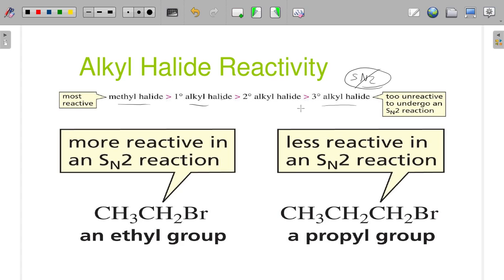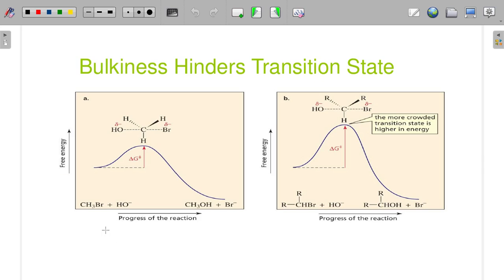Secondaries, we have to typically encourage it. Now, the bottom one, these are both primaries because the halogen is only connected to a carbon that's connected to one other carbon. But since this is just one carbon coming off there compared to an ethyl group, we're going to see that it's a little bit easier to react with. So fewer carbons off of that position, the better.